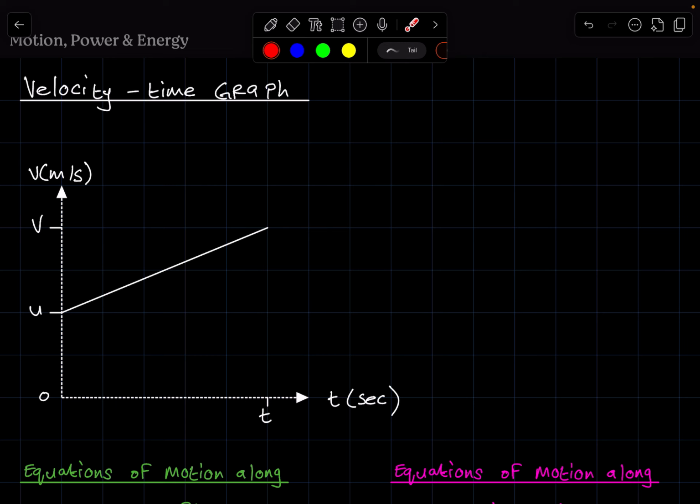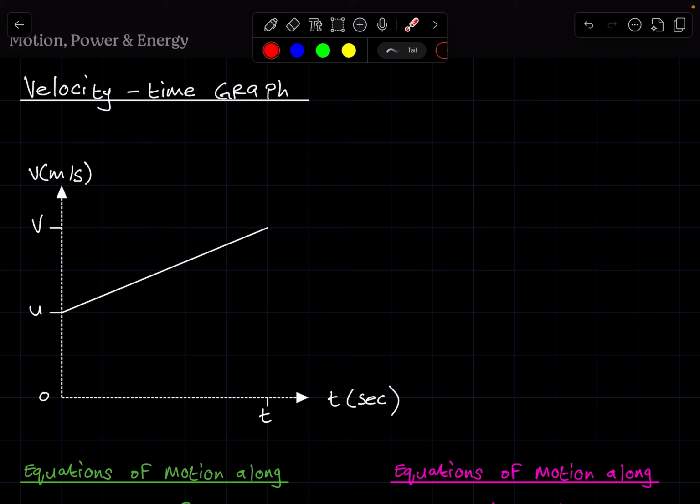Now let's get right into it. Let's consider this velocity time graph. On this velocity time graph, the y-axis, or the vertical plane, represents the velocity in meters per second, and the horizontal plane, or x-axis, represents the time in seconds.